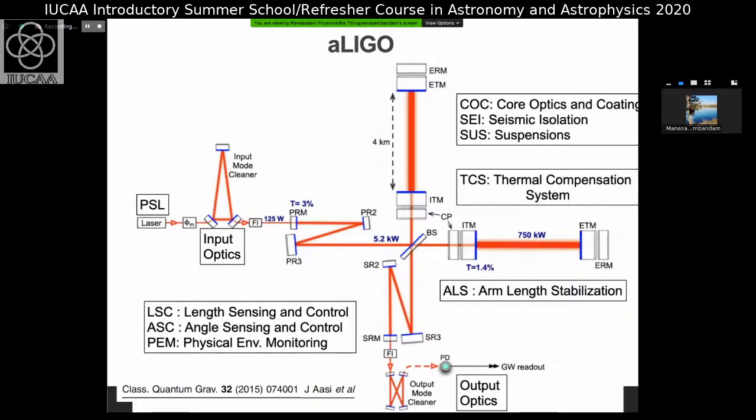The input optics and output optics are basically cavities that allow for cleaning of the laser light in terms of frequency. So in the input optics we have an input mode cleaner, which is a 3-mirror cavity that is suspended inside vacuum, which means it's more stable than the laser, which sits at room temperature.